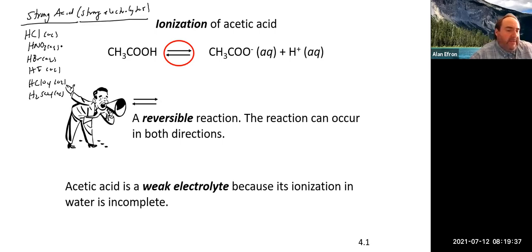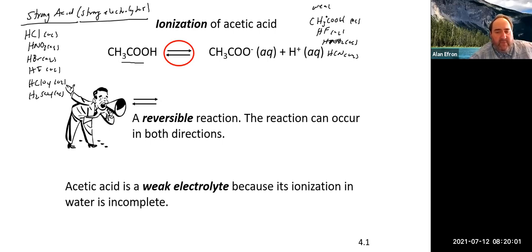And outside of that, if you come across an acid, so again, here we see acetic acid is a weak acid. Hydrofluoric acid is a weak acid. Nitrous acid is a weak acid. HCN is a weak acid.